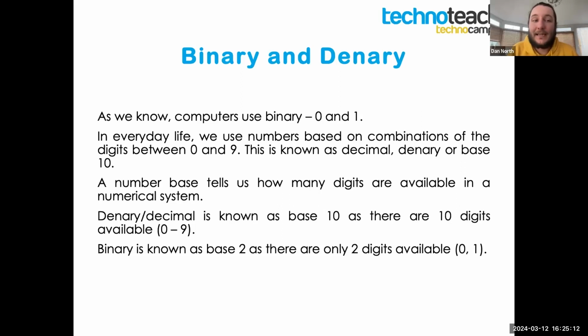So in denary, decimal, base 10, we have 10 digits that we can choose from: 0, 1, 2, 3, 4, 5, 6, 7, 8, 9. 10 digits. In binary, we've only got 2, 0 and 1. And everything has to be translated into those zeros and ones, and we'll get onto hexadecimal in a bit.